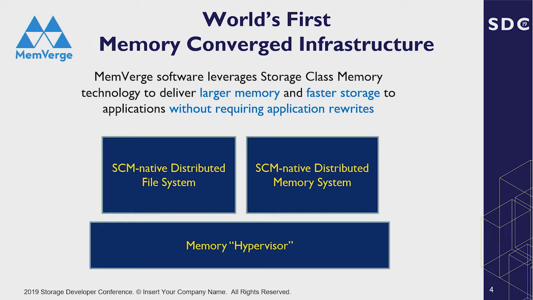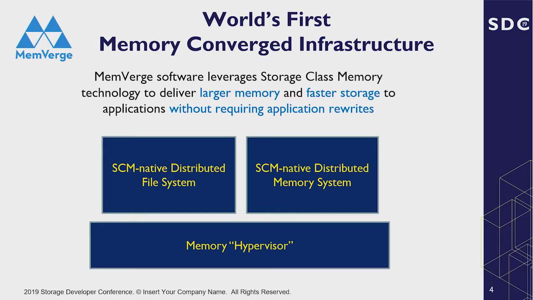But we didn't stop there. Behind those 2 APIs, the volatile memory API and the storage API, we built 2 additional subsystems. Behind the memory API, we built a distributed memory system.